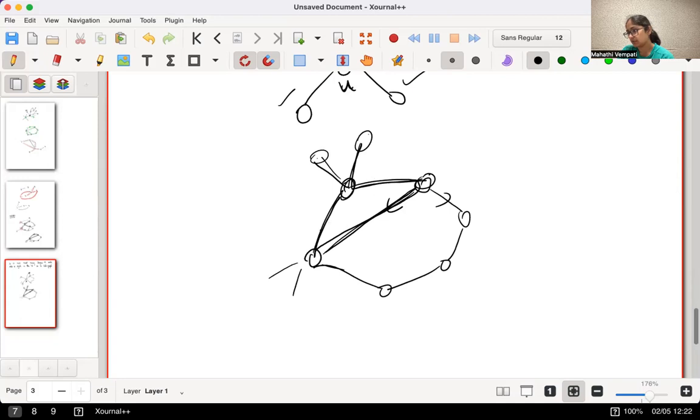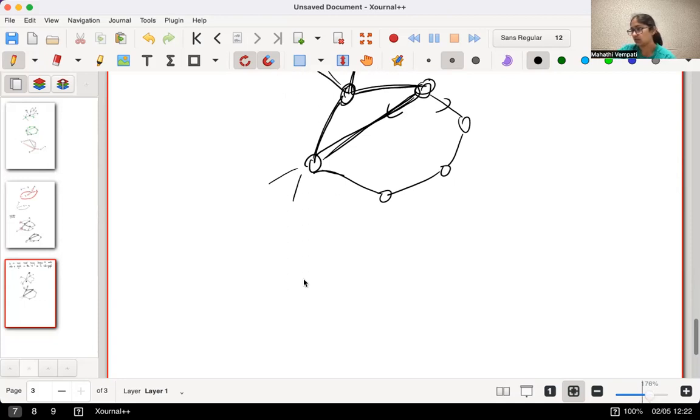Let's say if they belonged to this cycle. So if some other edge of U connected to this, then by definition, I would take this route back and I wouldn't connect to this other edge.